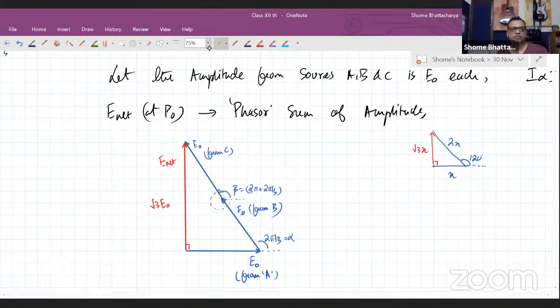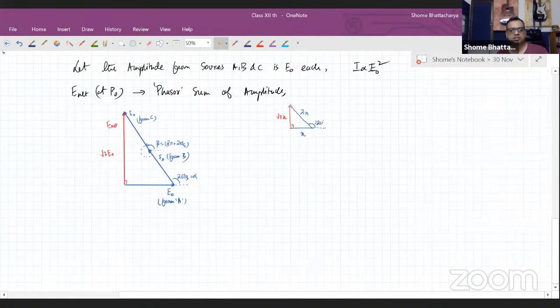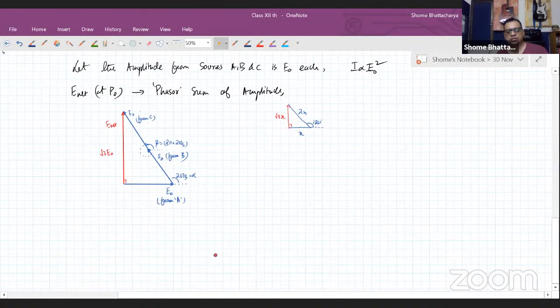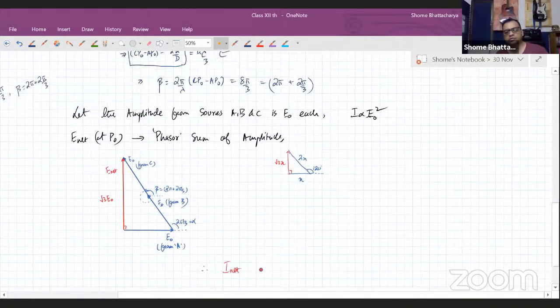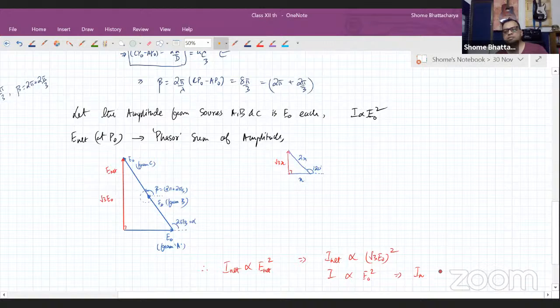Okay, so once you have recognized that the phasor summation is giving us the net amplitude like this, you can see that therefore net intensity being proportional to net amplitude square. So I net is proportional to this, whereas I was proportional to E naught square. So you can see the net intensity will become 3 times the intensity from any single source.